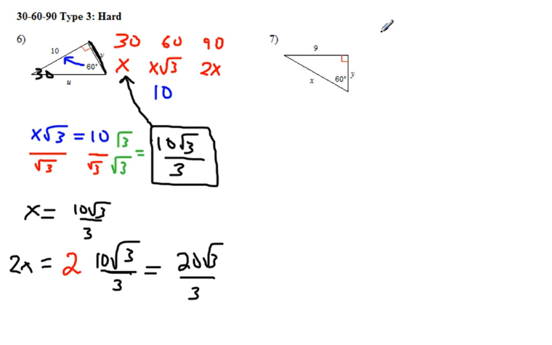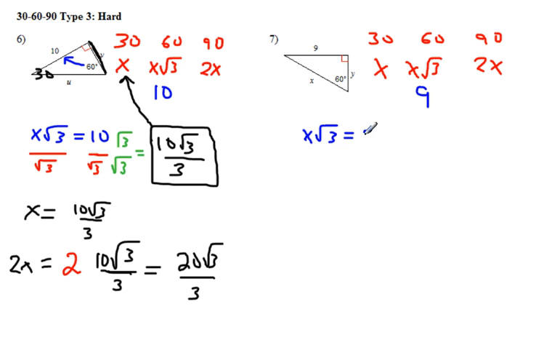Tougher. Let's do it again. 30, 60, 90, x, x root 3, and 2x. Across from the 60-degree angle is a 9. So we have to write our equation. X root 3 is equal to 9. We want to isolate x, so we divide by the square root of 3.